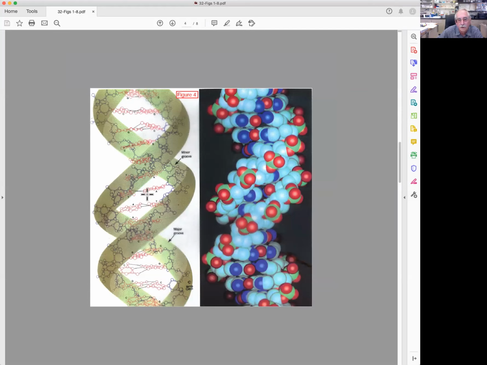So the other thing that you might be able to see from this is that those hydrogen bonds between the 2 strands are pretty much perpendicular to the length of the strand itself. So why do these 2 strands get pulled into this double helical shape? It's because that's what maximizes the hydrogen bonding between the 2 strands.